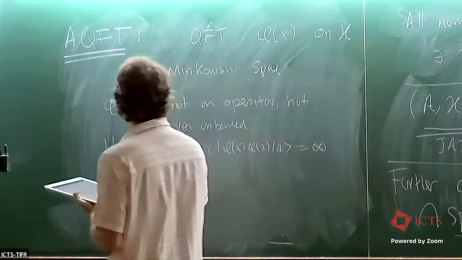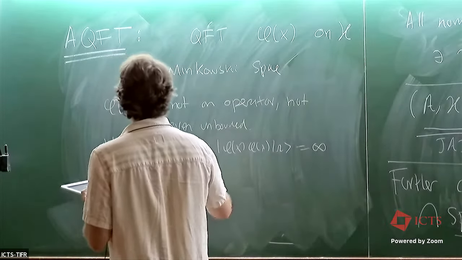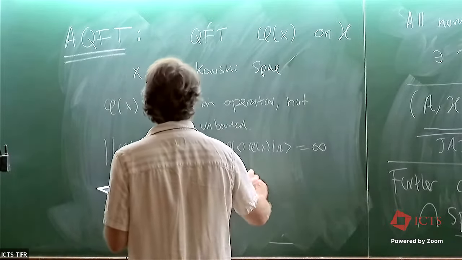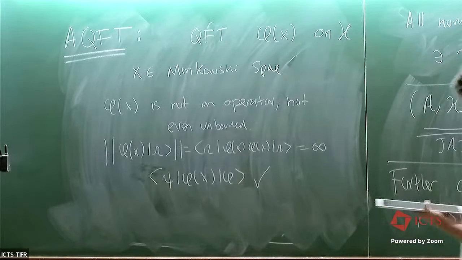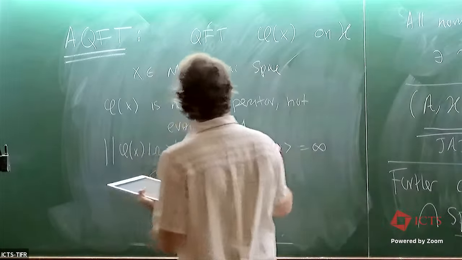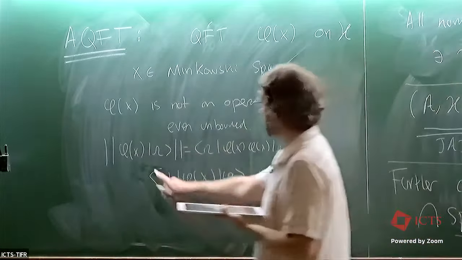At best, you can define matrix elements. So matrix elements are well defined, and this is how you should think about the local quantum fields. Now, you can ameliorate this problem just by smearing the operator.